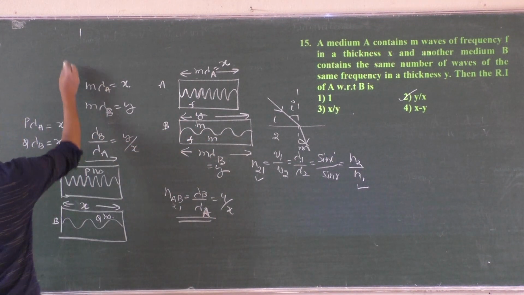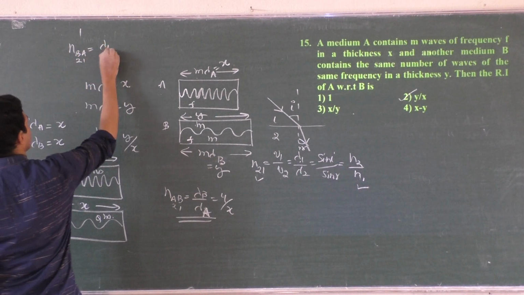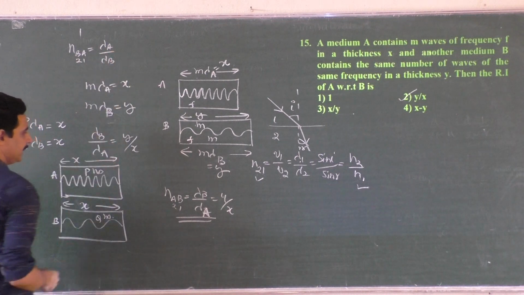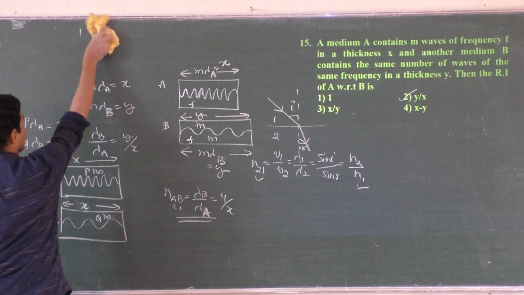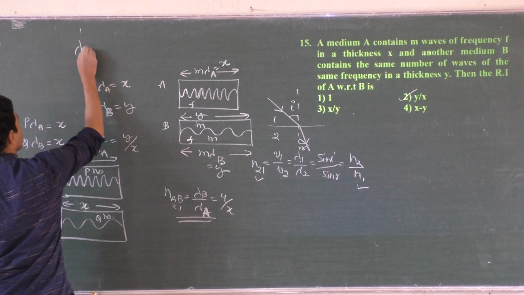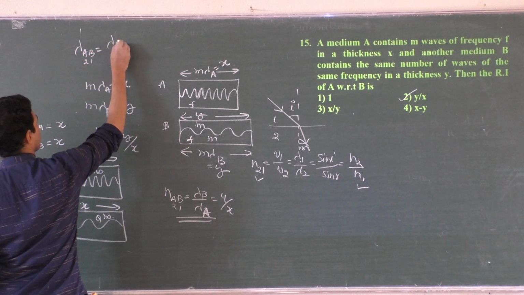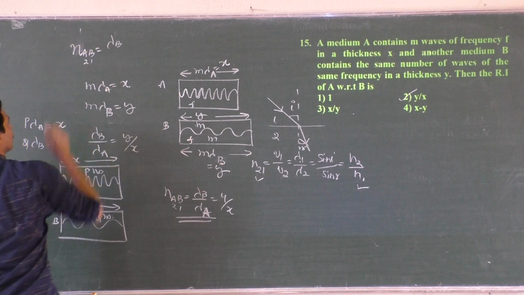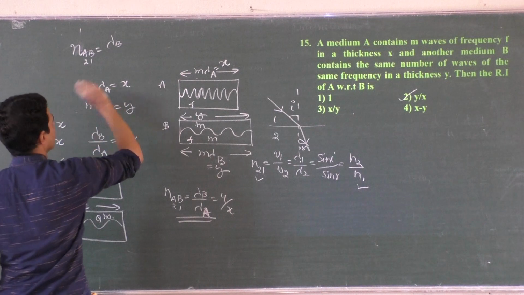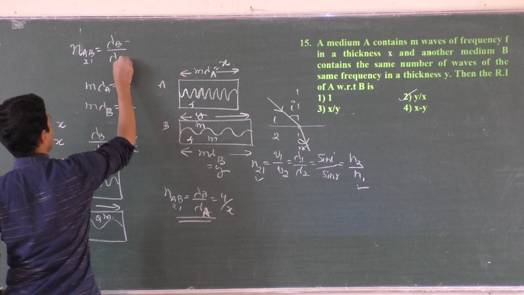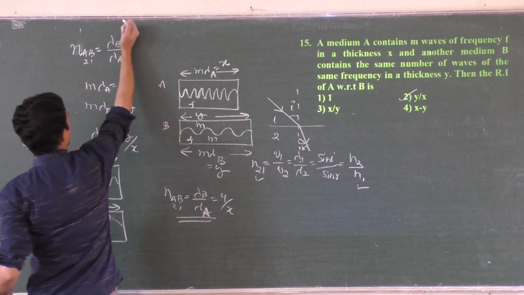What is the refractive index of B with respect to A? That is 2 with respect to 1, λ1 by λ2, λA by λB, right? Refractive index of second medium with respect to first medium is λA by λB... the refractive index of B with respect to A, it is λA by λB.